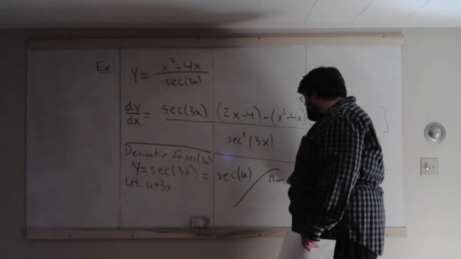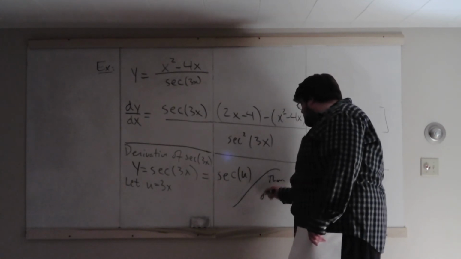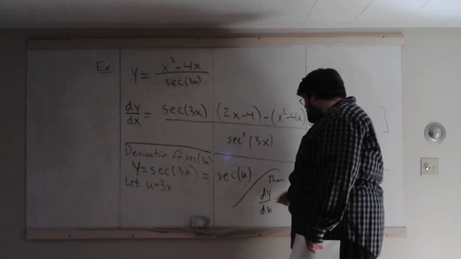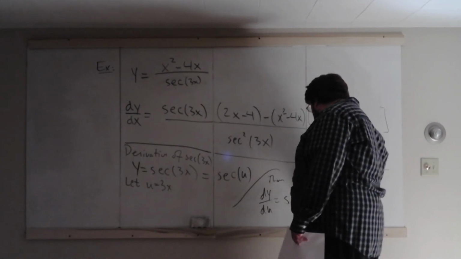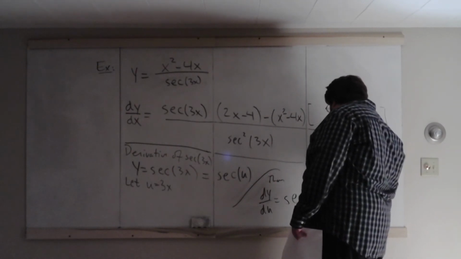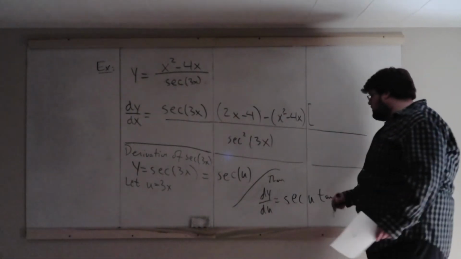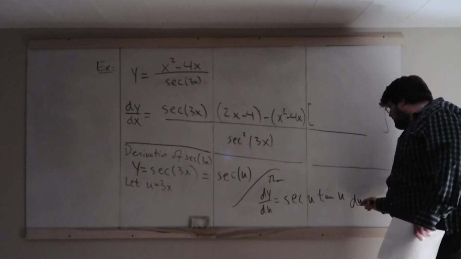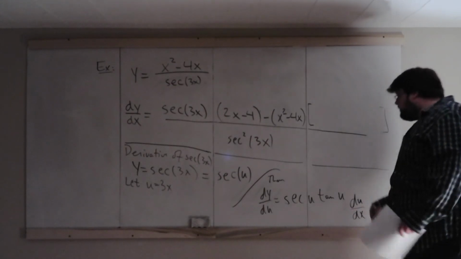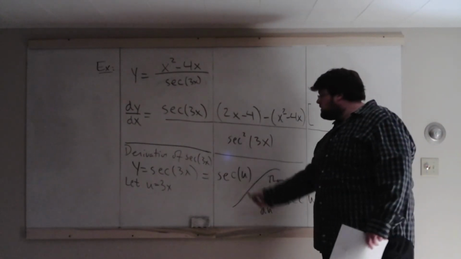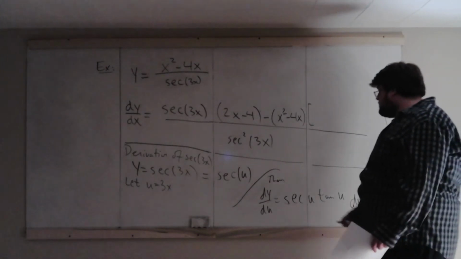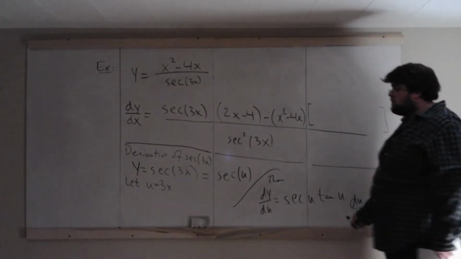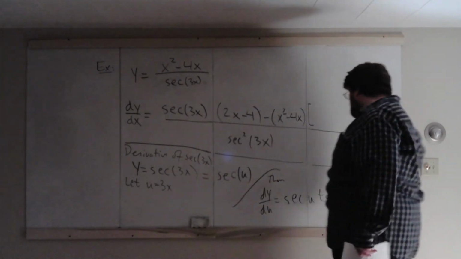Then dy du is what? Secant u times tangent of u. Derivative of secant is secant tangent, so the derivative of secant of u with respect to u is secant u tangent u. Du dx, well, that's just the derivative of 3x, which is 3.